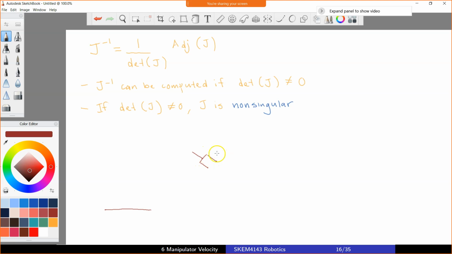If you want the spatial velocity of your end effector to have Vx, Vy, Vz, omega x, omega y, and omega z, this depends on the application.